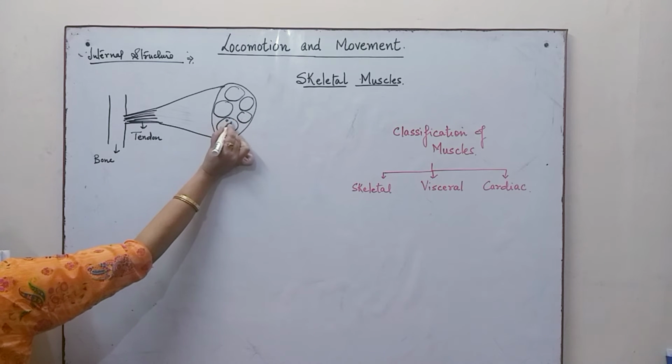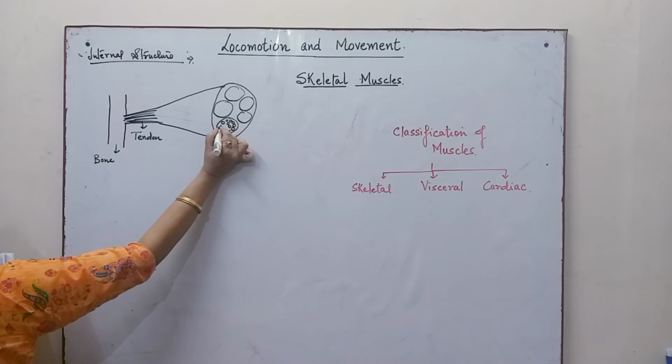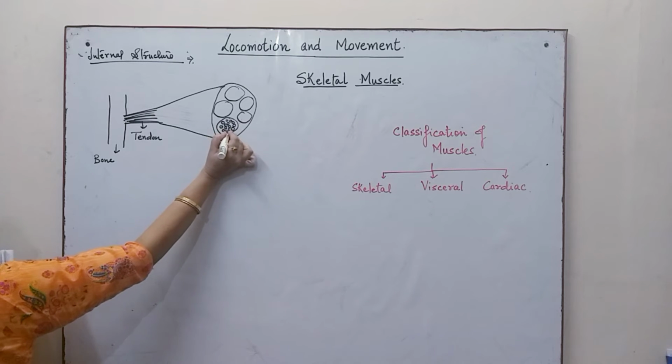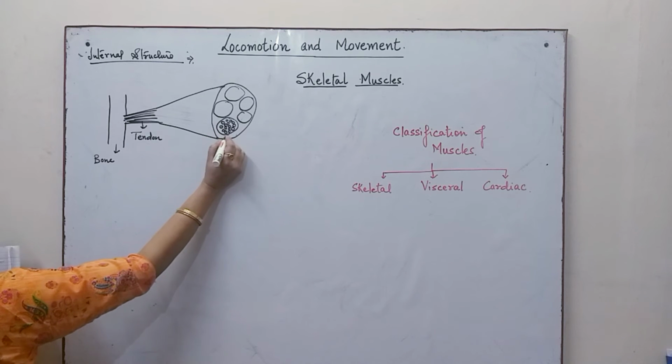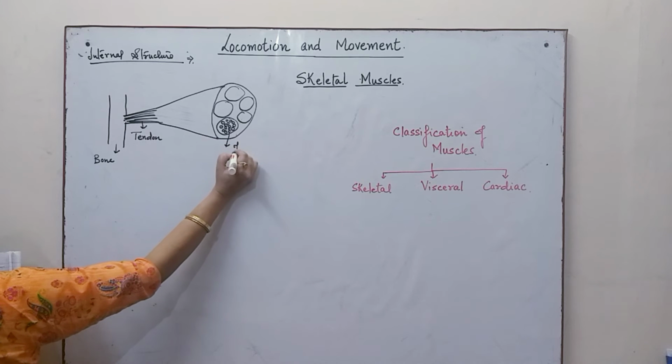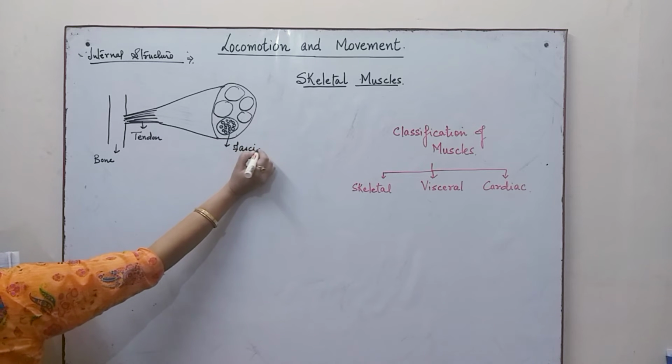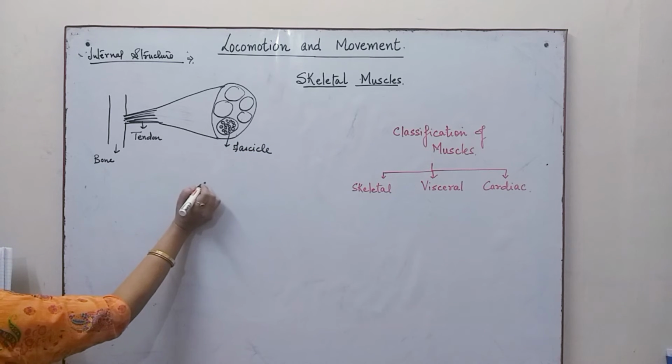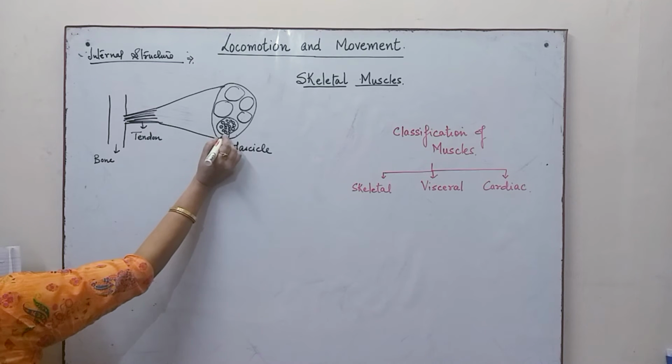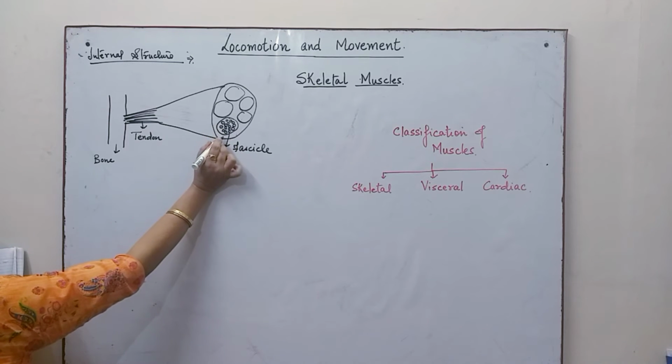And each muscle bundle, this outer lining, is known as fascicle, and it is the muscle bundle.